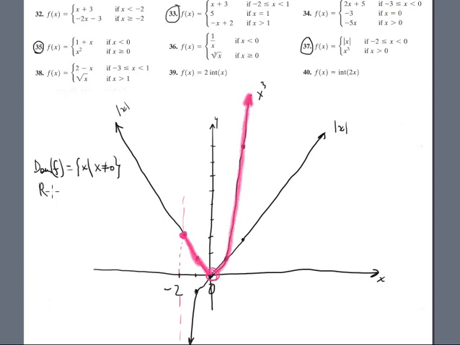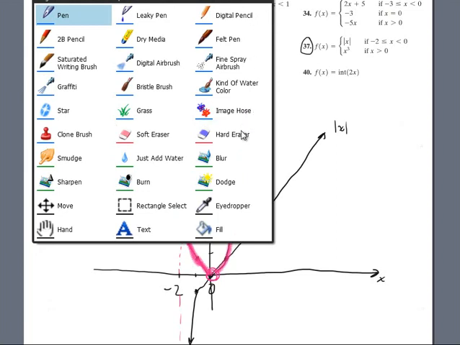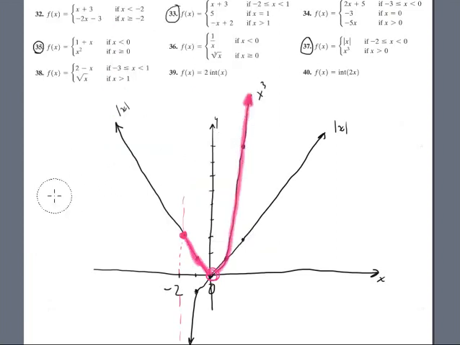The domain of f: we start here at negative 2, bracket negative 2, comma 0, don't touch 0 because we have a hole here, union 0, comma infinity because that continues forever.